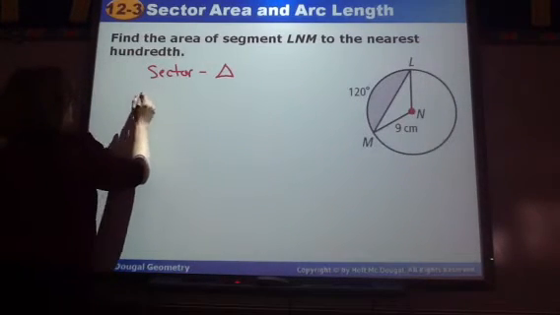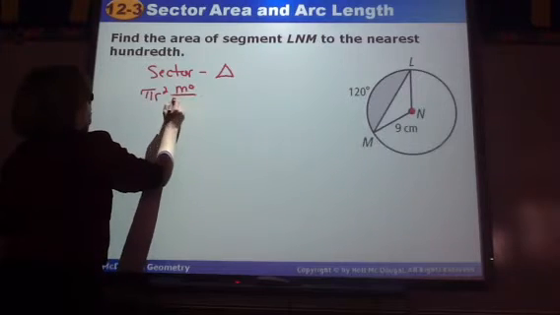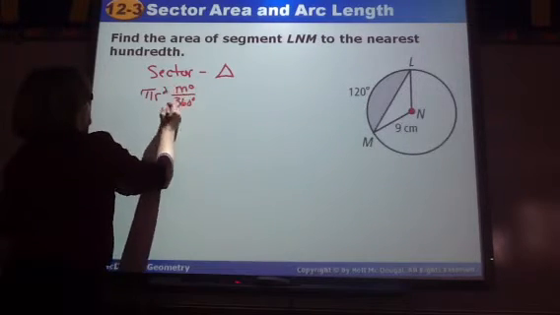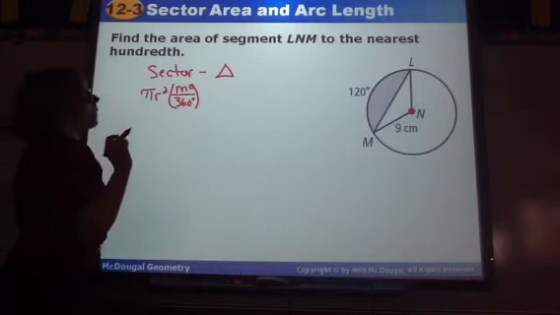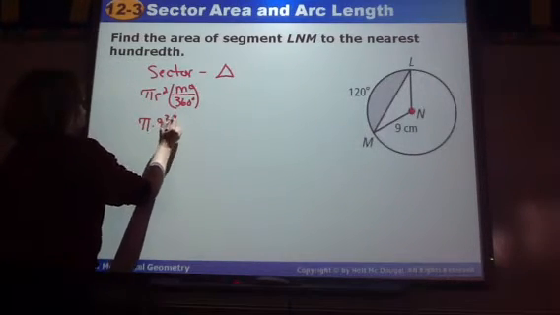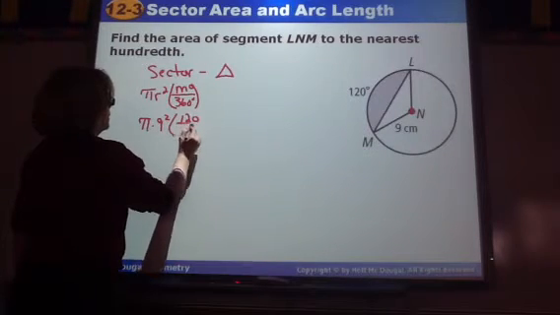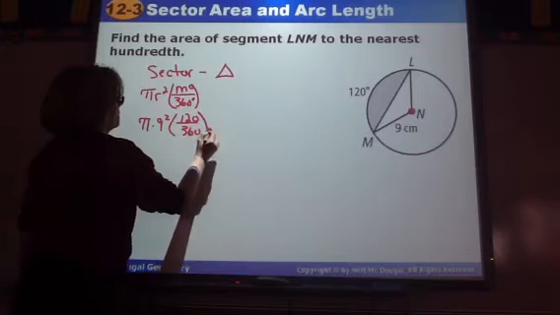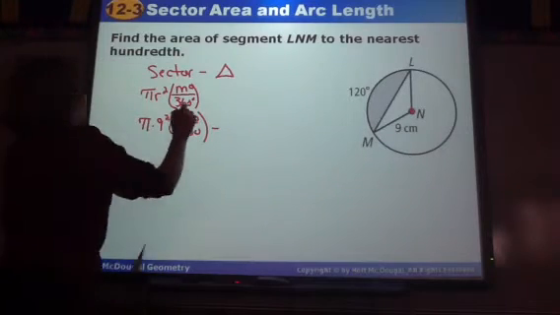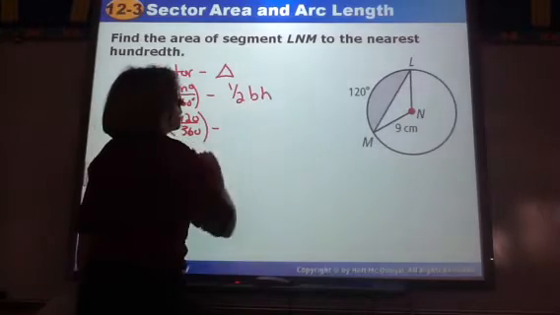All right, so area of a sector is pi r squared times the central angle, or arc degrees, divided by 360. Okay, so we have pi times 9 squared, 120 divided by 360. And then for area of a triangle, it's 1/2 of your base times your height.